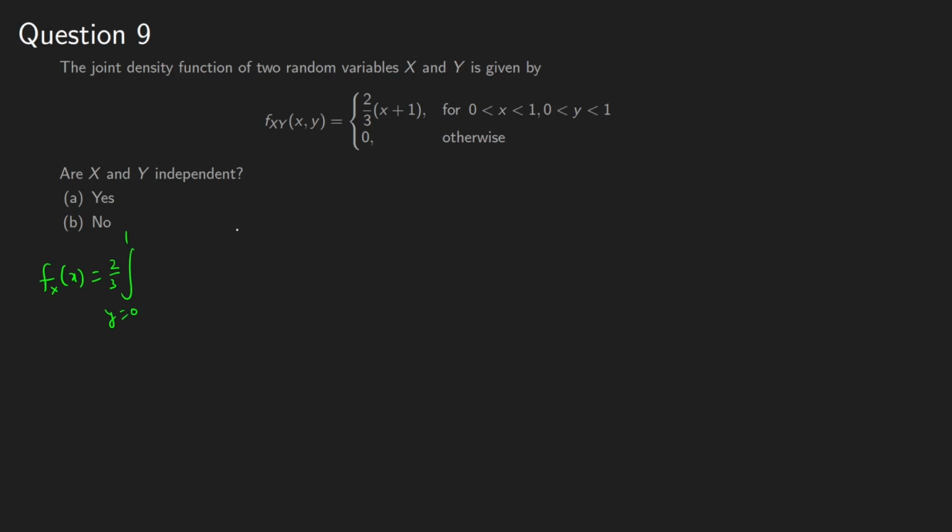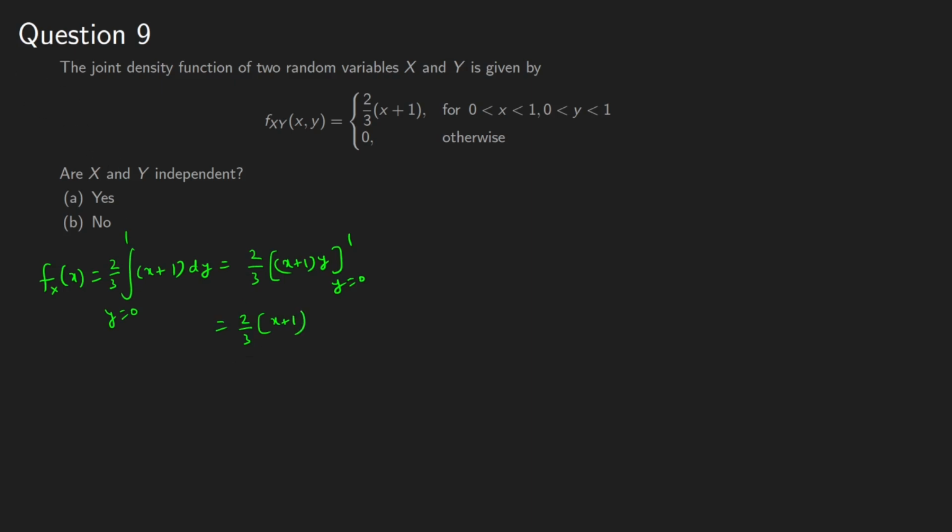So here in the joint PDF, we can take 2 by 3 outside, and we will have x plus 1 dy. When we integrate it with respect to y, it will become x plus 1 times y. Y goes from 0 to 1. So it will be 2 by 3 times x plus 1. So this is the marginal of x.